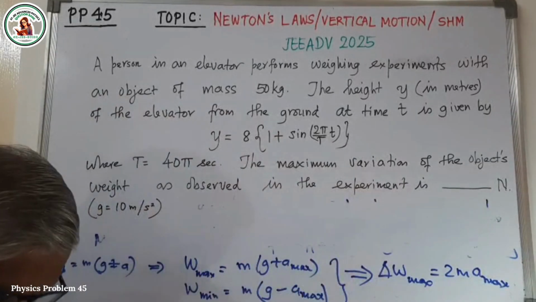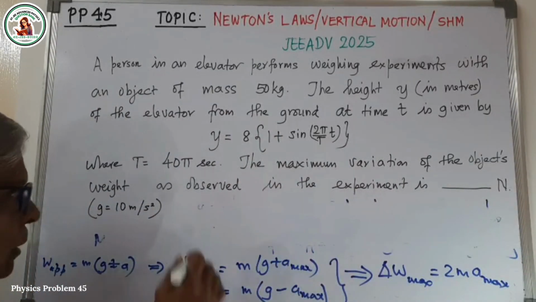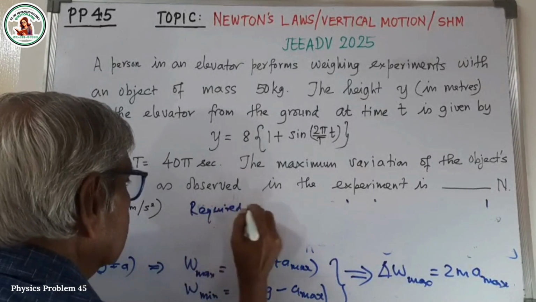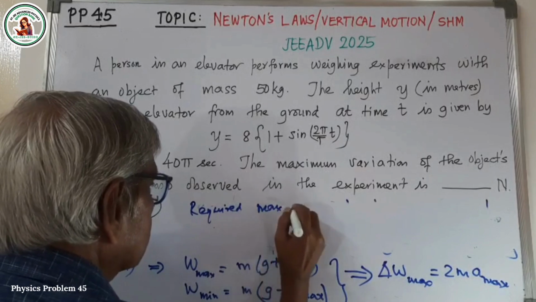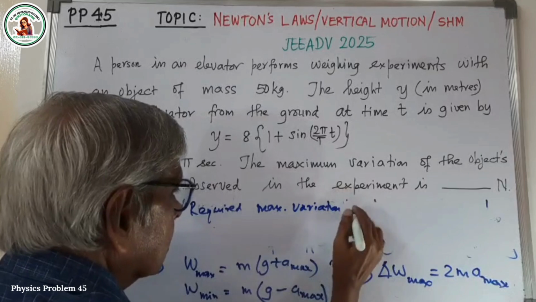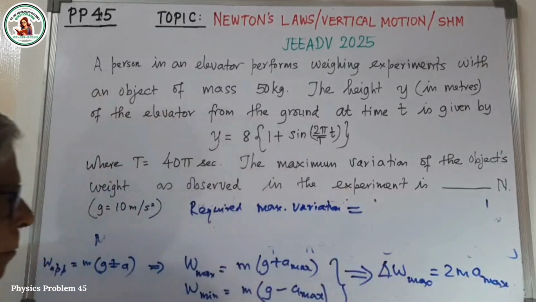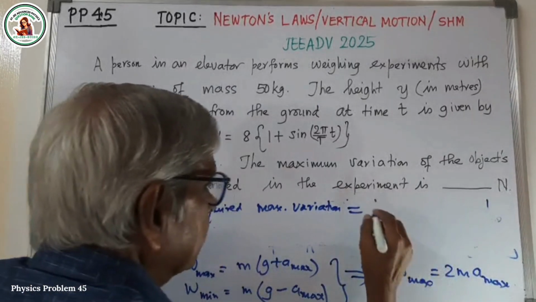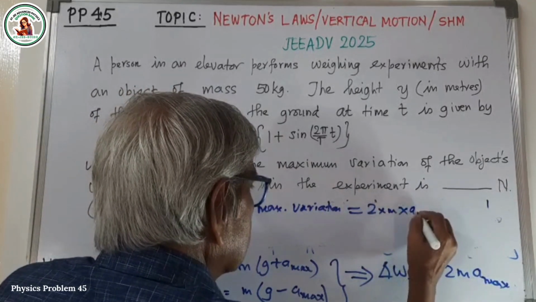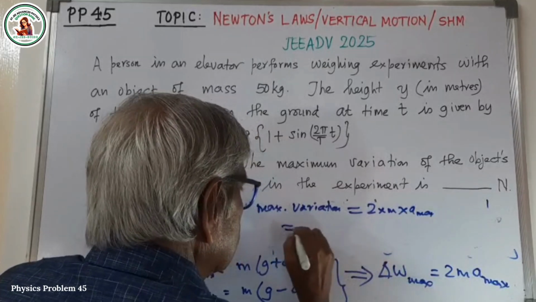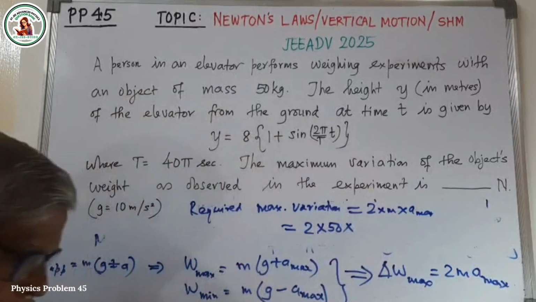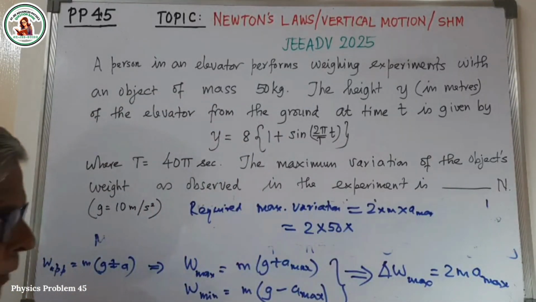Delta W equals 2M into A maximum, where 2M is 50, and A maximum we got as 1 by 50.